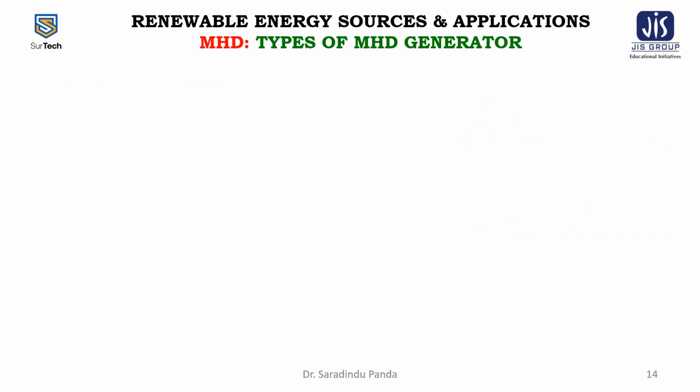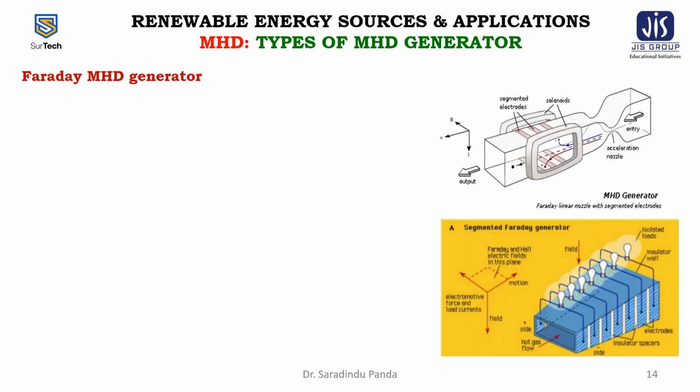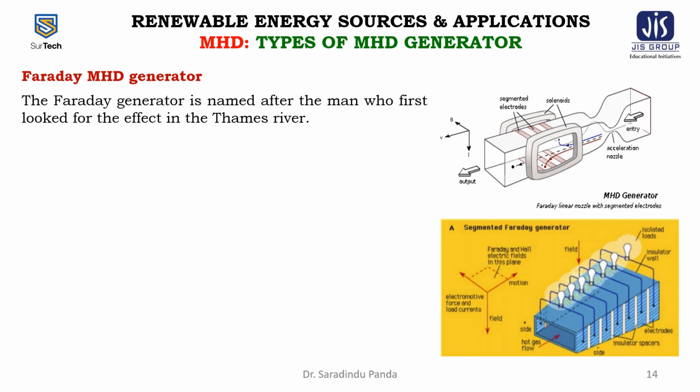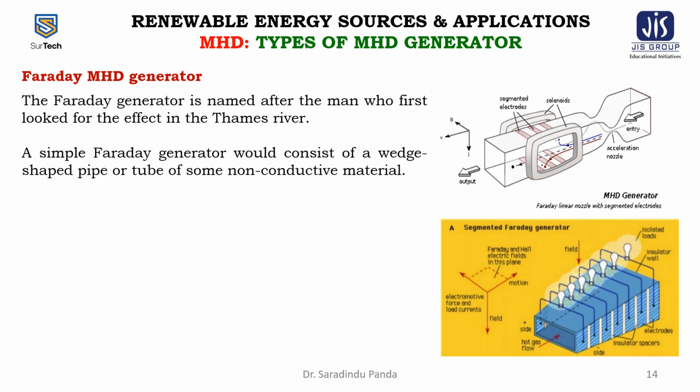Now come to the types of MHD generator. The Faraday MHD generator. The Faraday generator is named after the man who first looked for the effect in the Thames River. A simple Faraday generator would consist of a wedge-shaped pipe or tube of some non-conductive material.